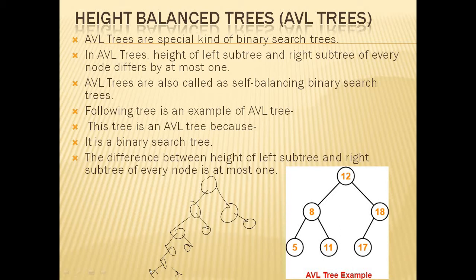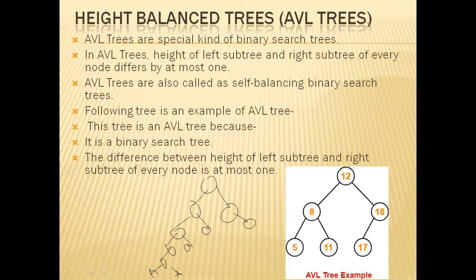So it is not a proper binary tree. Here we may waste memory. When you are implementing a binary tree with the help of arrays, we may waste a large amount of memory. To avoid that, we can go with a height balanced tree.